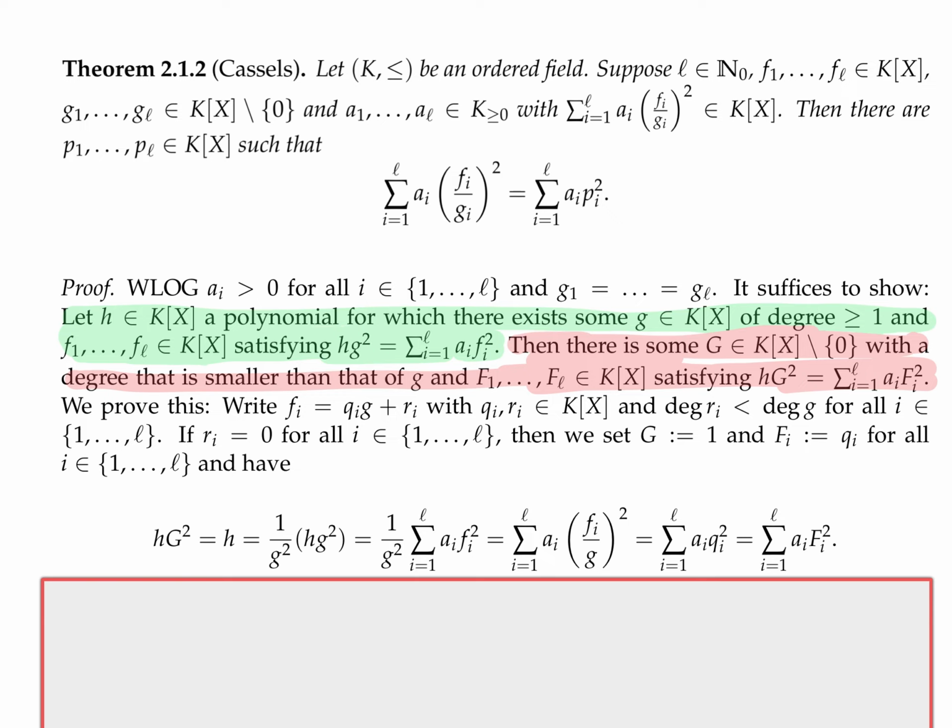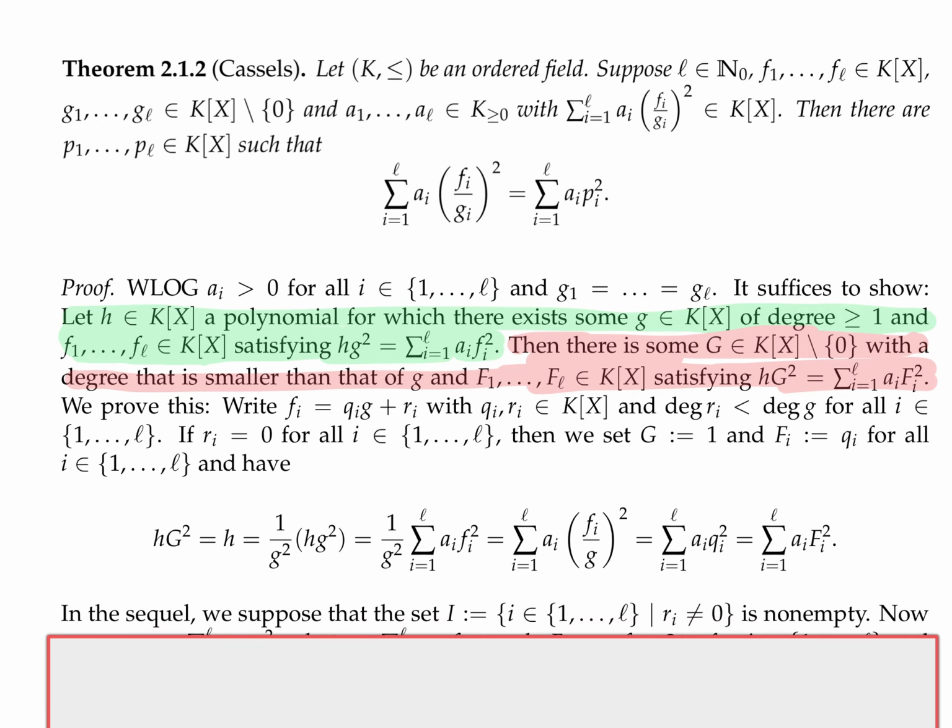Hg squared is 1 over g squared times this, and so I have here it's this, and when I have that, this fi over g is qi, and that's fi squared, and then that's really what we want, right? So, but that was really the easy case.